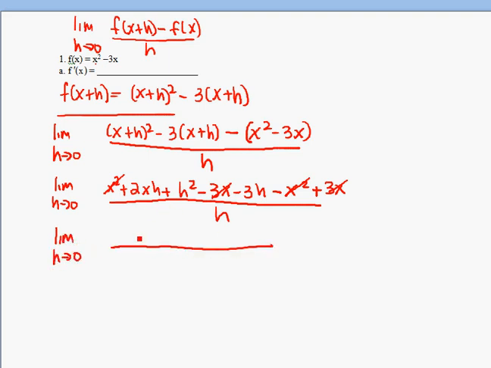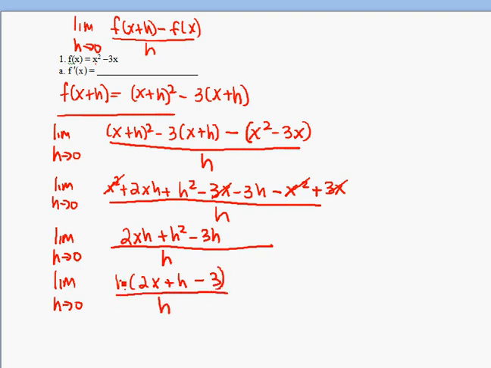So let's just write down what we have left. 2xh plus h squared minus 3h all over h. Let's factor out a common factor of h. So take an h out. I get 2x plus h minus 3 all over h. My h's cancel.